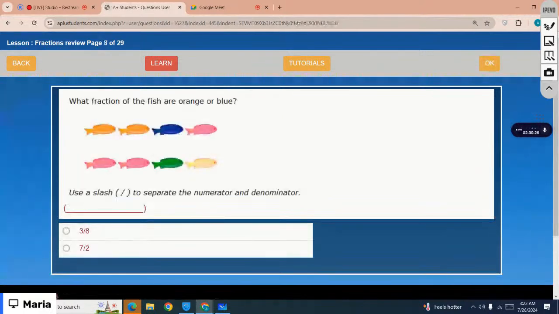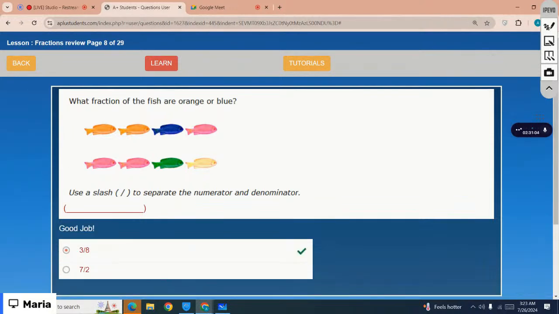Fraction of the fish. That is 3 over 8. Option number 1 is the correct option.